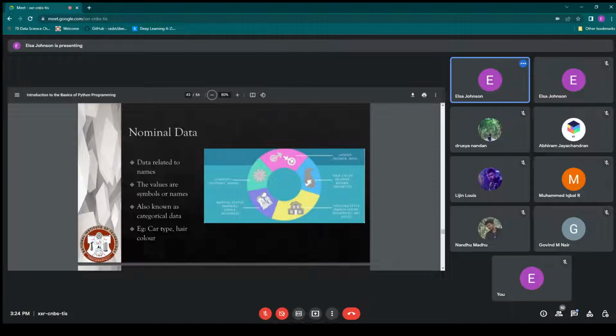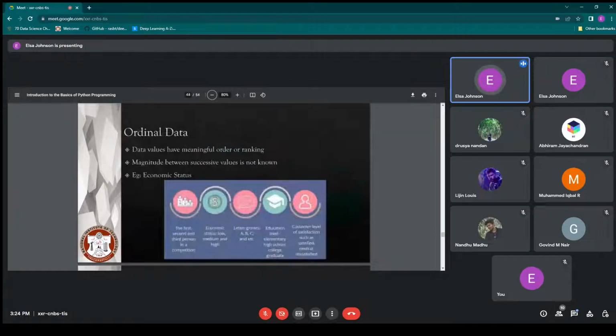But the other one, ordinal data. In ordinal data, data will have a particular meaningful order or ranking. For example, in a competition, the first, second, or third person will have a particular order.